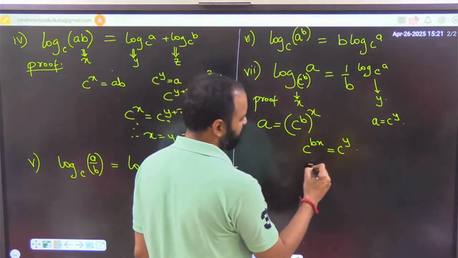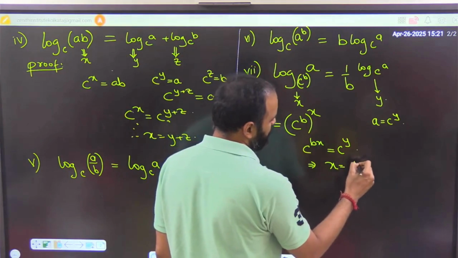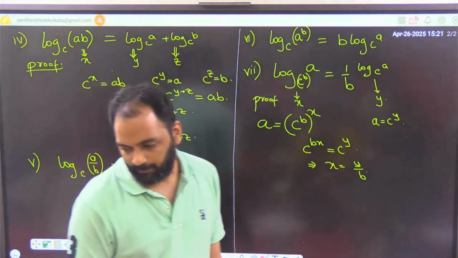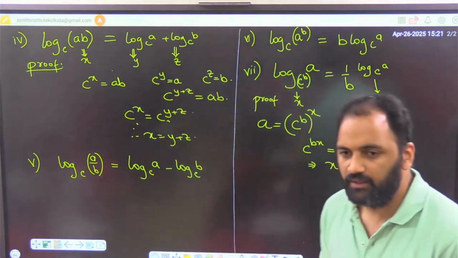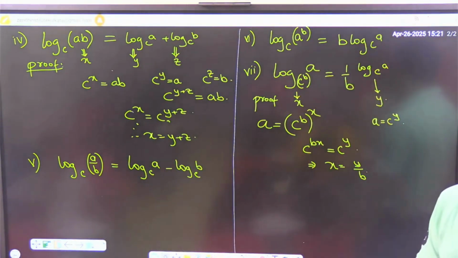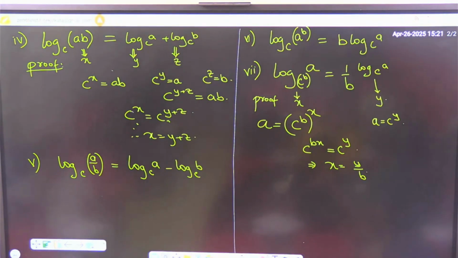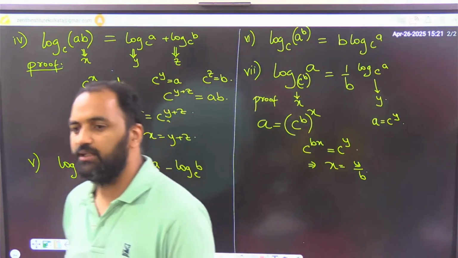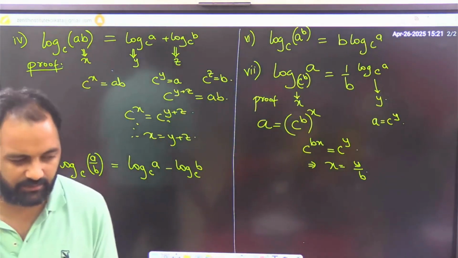So that gives us x is equal to y by b. So that is basically this. The power of the base comes out in the denominator. That is the general rule.